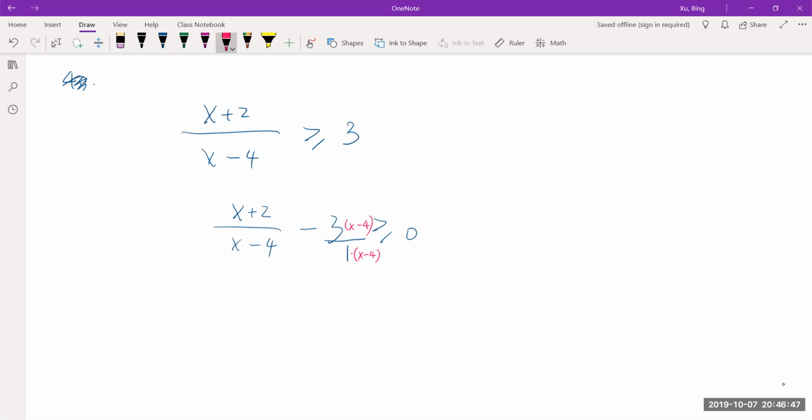These two cancel out to be the original number, 3. Now that we have the common denominator, x minus 4, which stays at the bottom, we can subtract the top. The top becomes x plus 2 minus 3 times x minus 4.